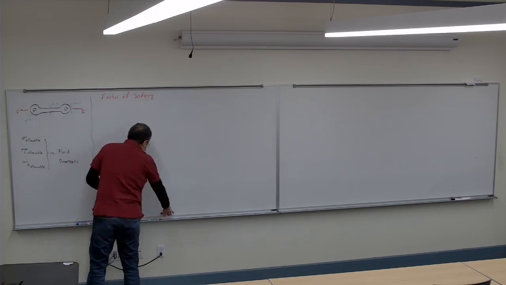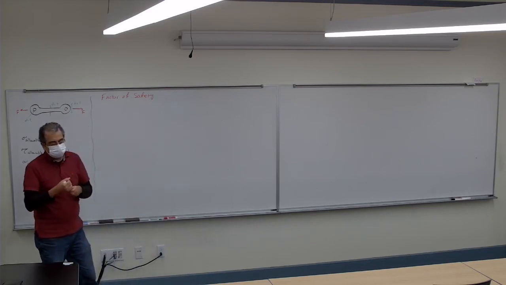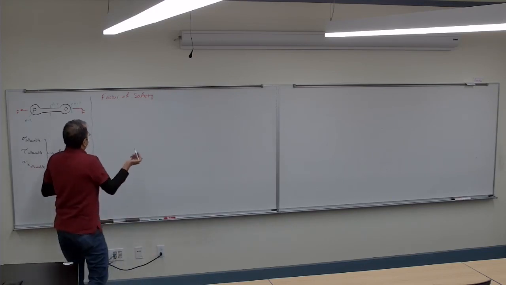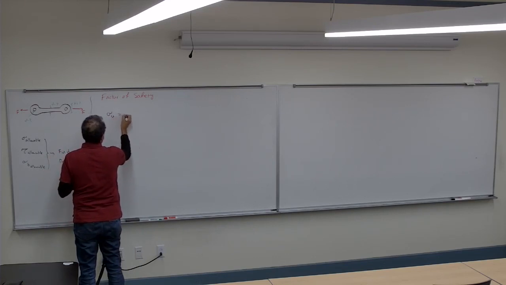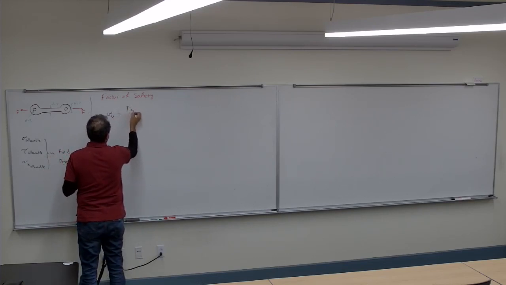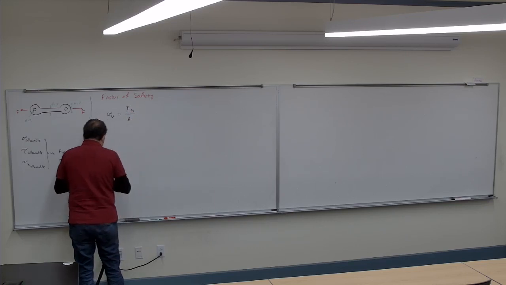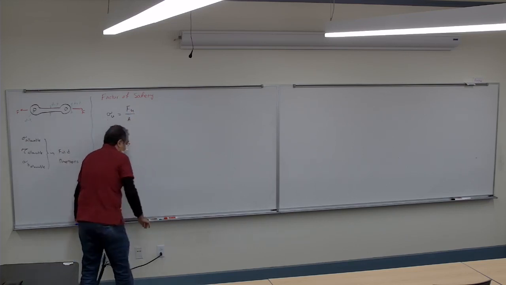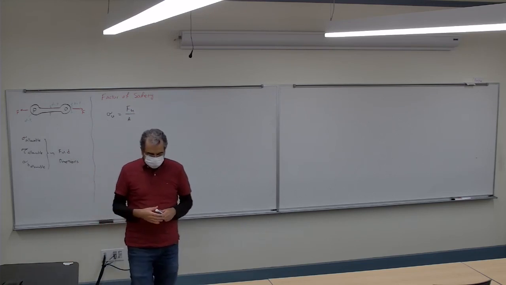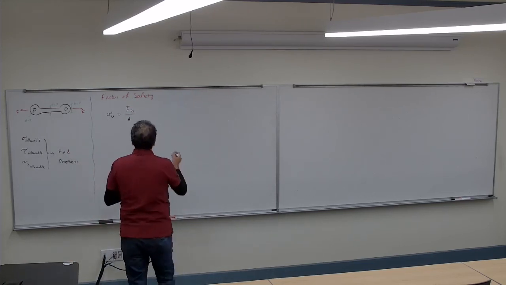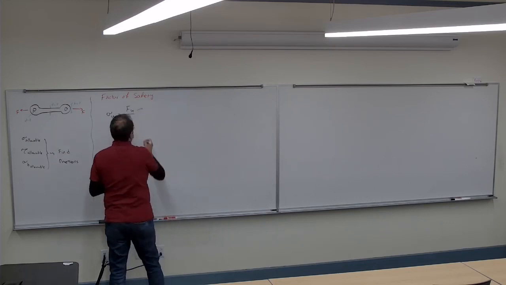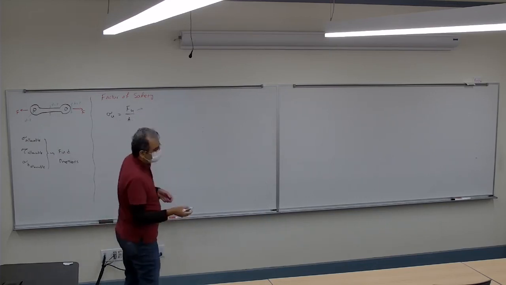So I will say, what's the maximum load that my member can handle? I will say sigma u is Fu divided by A, and Fu is the maximum load.